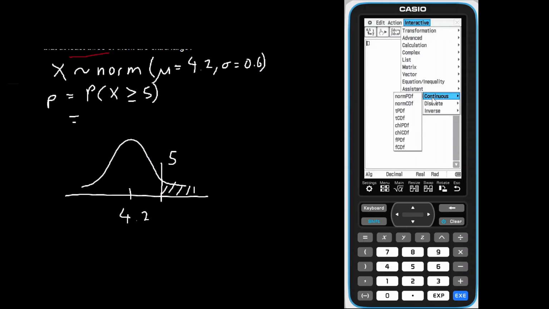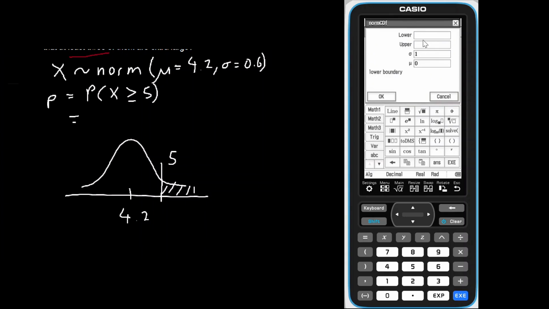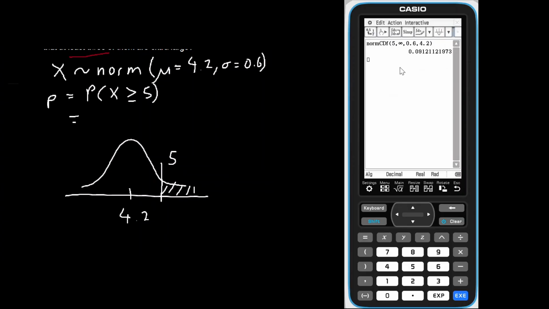distribution, continuous, and it's the normal cumulative distribution function, our lower bound is 5, and our upper bound is infinity with a standard deviation of 0.6 and a mean of 4.2. So hit there, and that is equal to 0.0912.